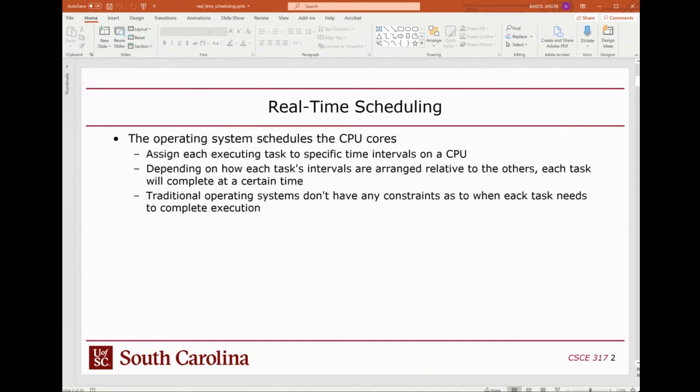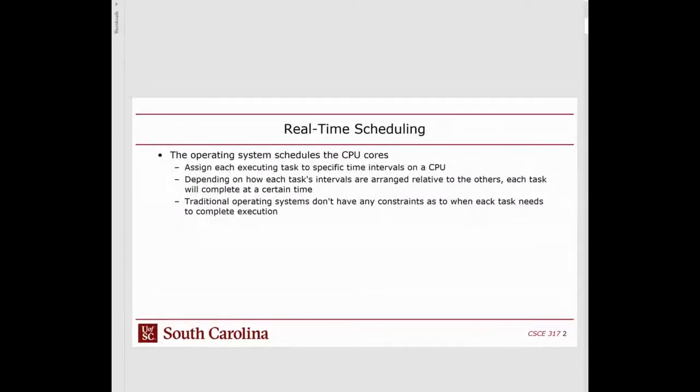The operating system in general manages all of the system resources, including memory and the CPU cores.